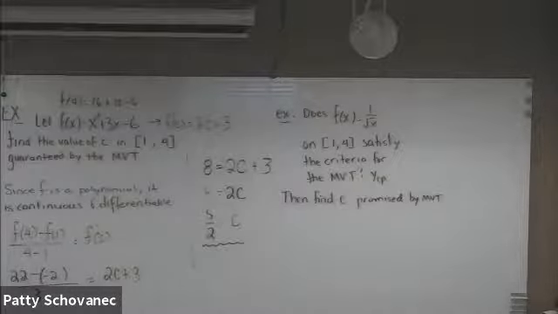Find the value of c where the derivative of that function is equal to the slope of the line through the endpoints at 1, 4. F of 4 minus f of 1 divided by 4 minus 1. So let's see, we need f prime. Write that as x to the negative 1/2 and take the derivative.